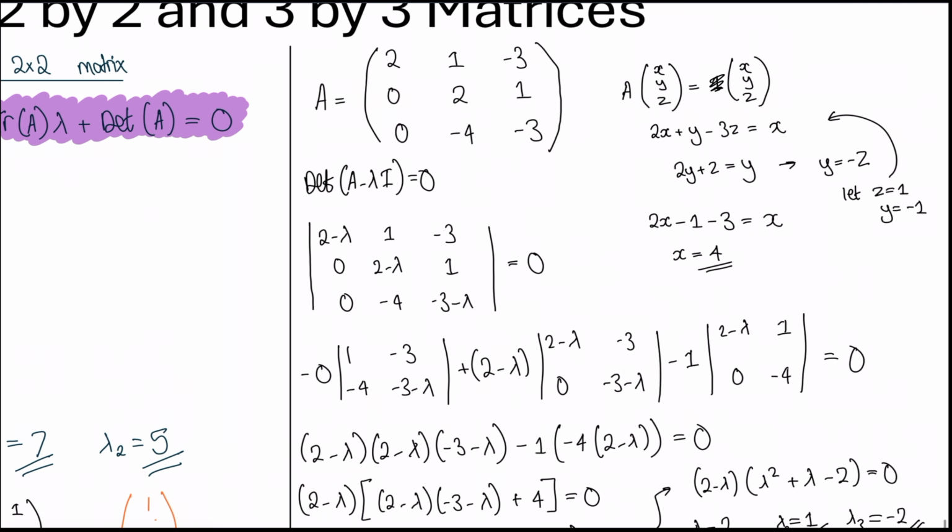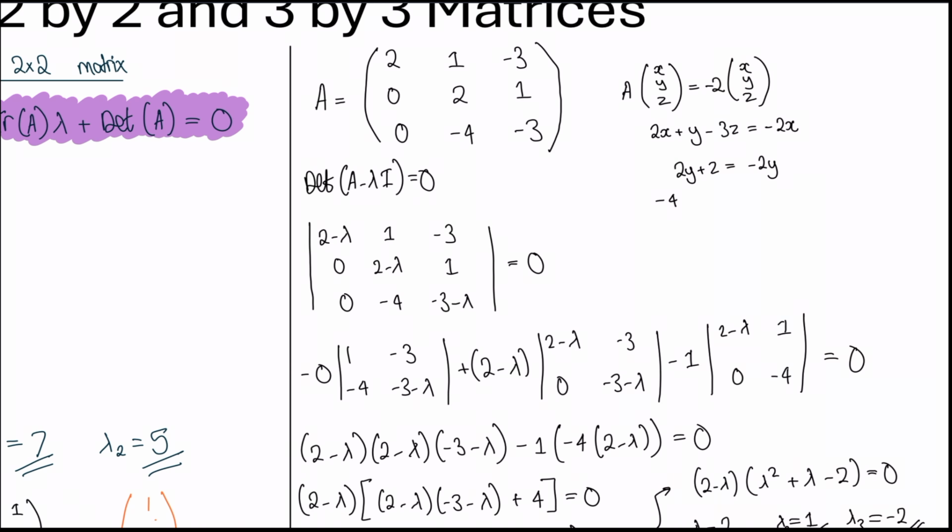And finally, if we do minus 2, we get minus 2x and minus 2y, and then 4y minus 3z is equal to minus 2z. If we look at this equation, we get 4y is equal to minus z. So if we let y is equal to 1, we get z is equal to minus 4.